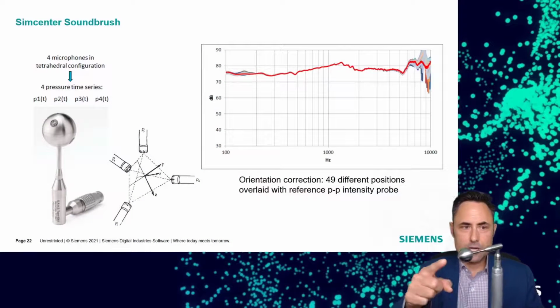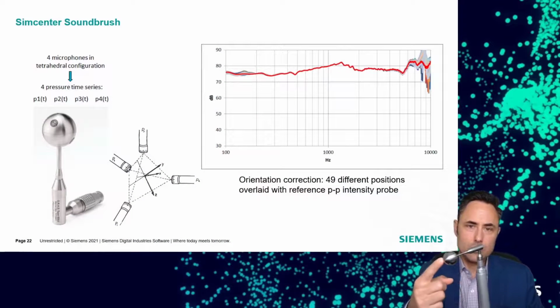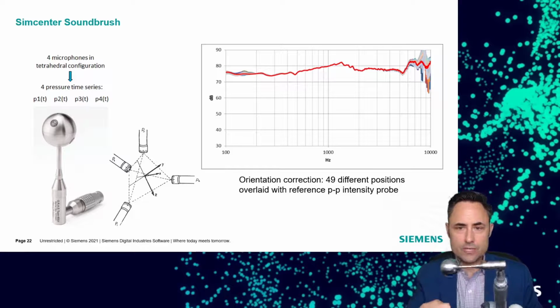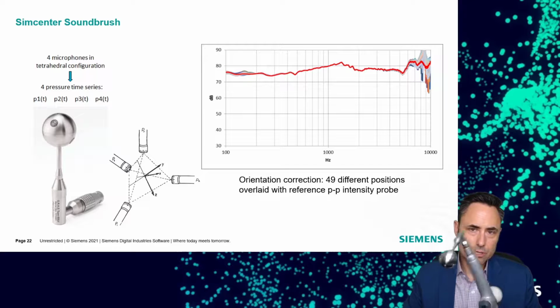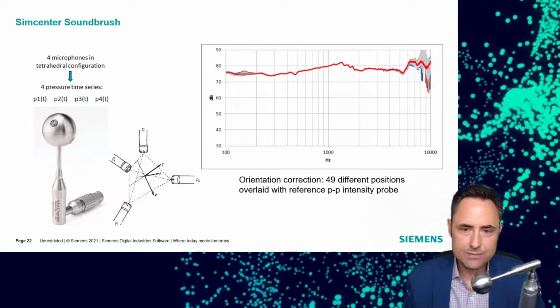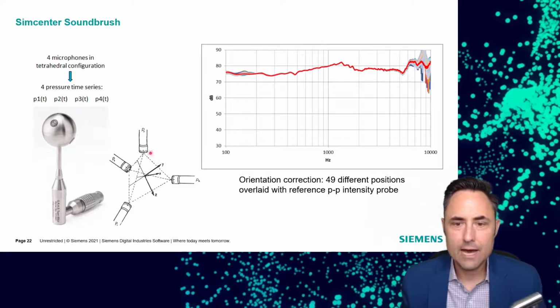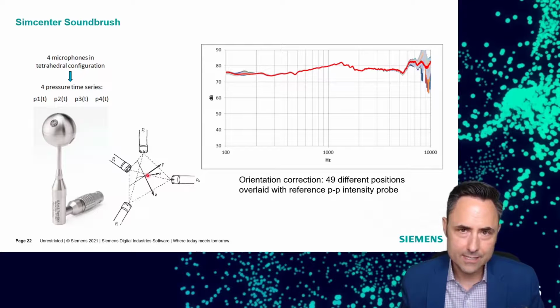So first we're going to talk about this tetrahedral transducer. So if you can see, it's got 4 microphones in a tetrahedral configuration. And what's unique about this configuration is it allows us to, in real time, calculate the XYZ components of our sound intensity.